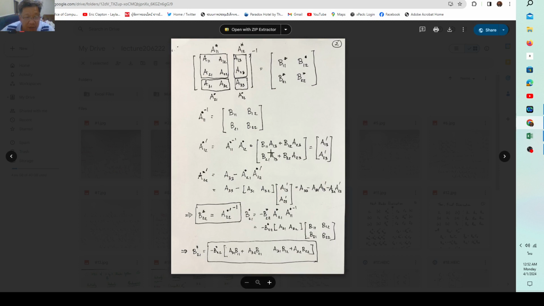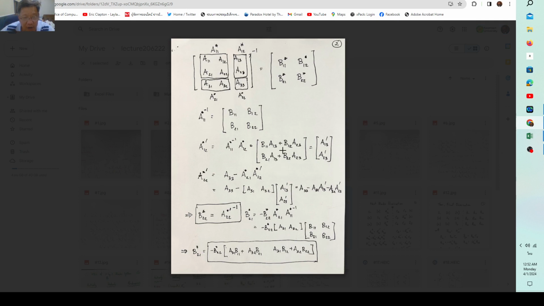And exactly the same, you can use the rules of the inverse, right? This one becomes B11 times A13 plus B12 times A23 with this matrix multiplication. And the second element over here becomes B21 times A13 plus B22 times A23.